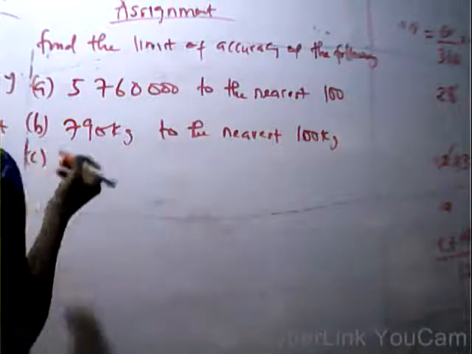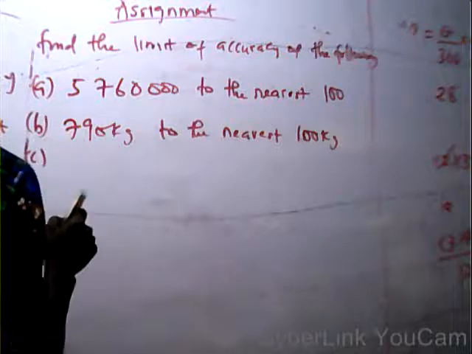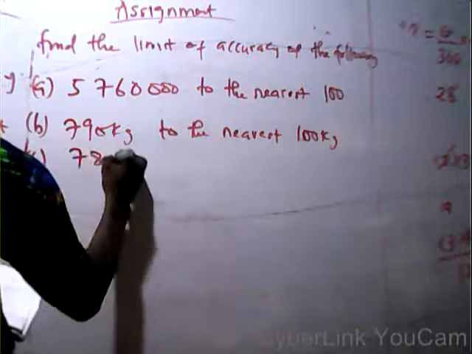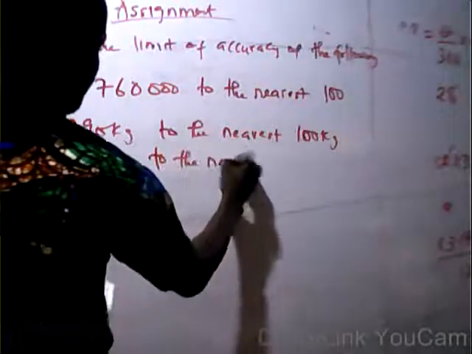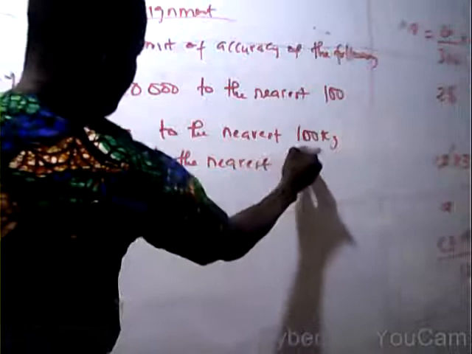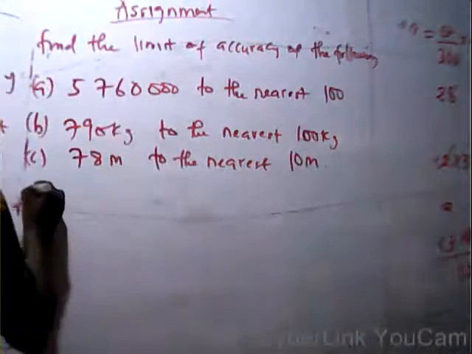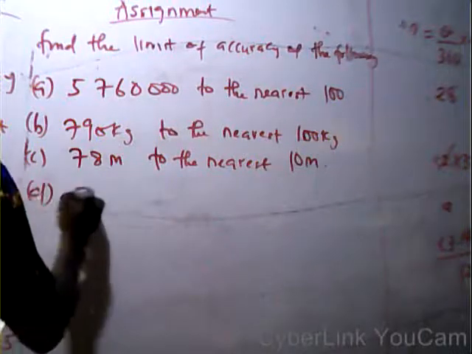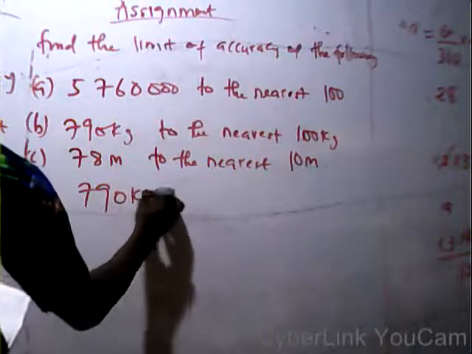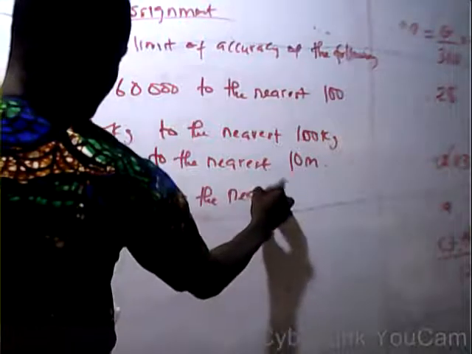C, 78 meter to the nearest 10 meter. Then D, 790 kilogram to the nearest kilogram.